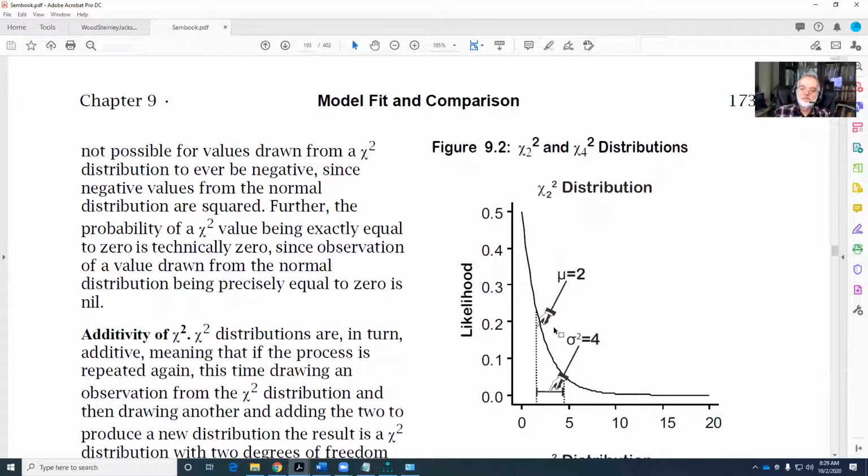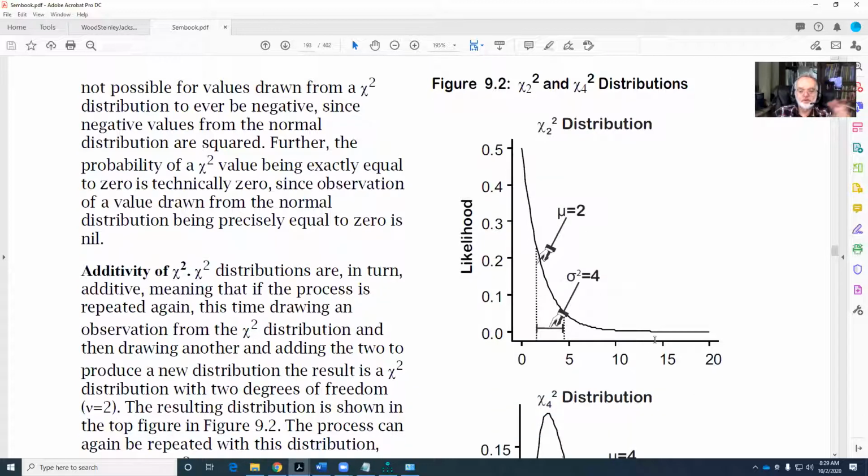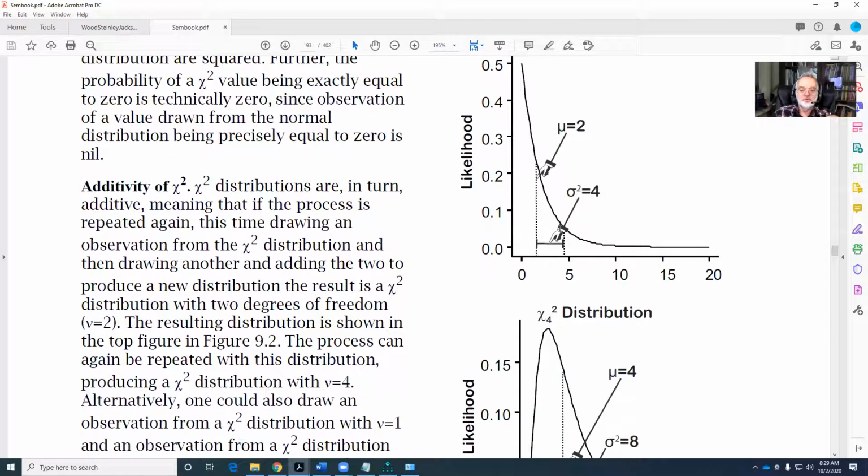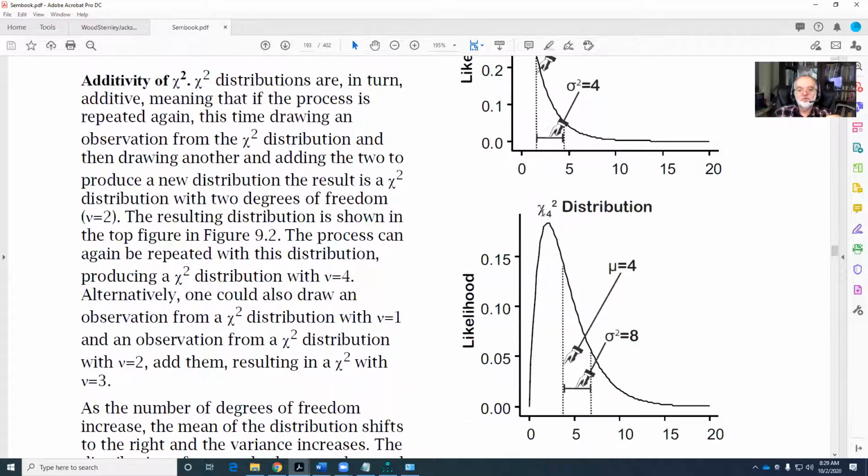The resulting distribution is going to have a mean of 2, equal to its degrees of freedom, and a variance of 4. And notice what's going on. If I repeat this process and do it yet again, say, take an observation from a chi-square with 2 degrees of freedom, and add that to another observation drawn from a chi-square with 2 degrees of freedom, that's going to give me a chi-square with 4 degrees of freedom.